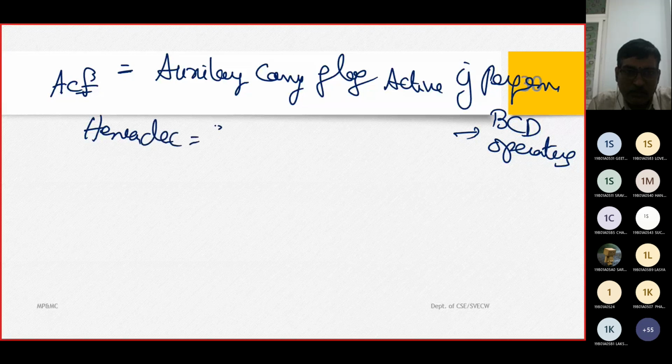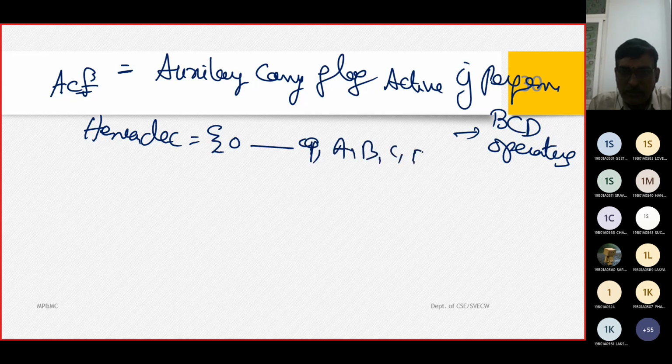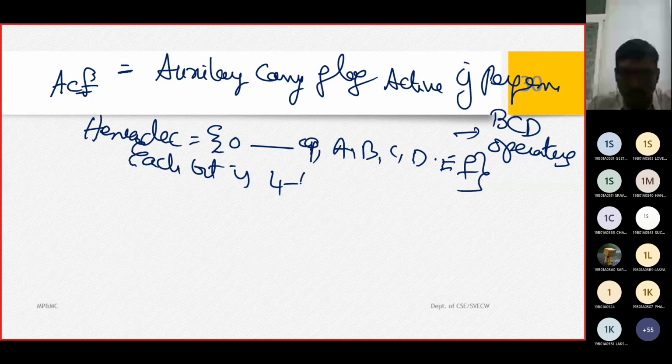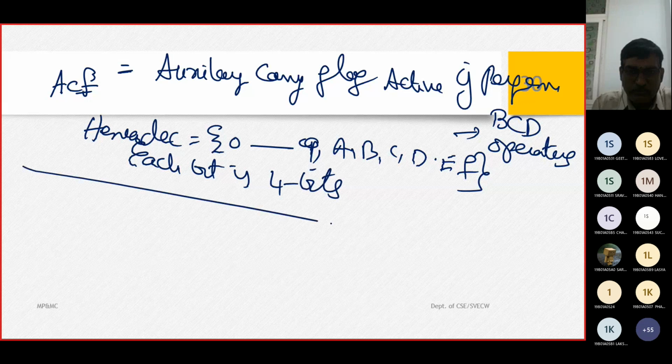Hexadecimal, we say it is 0 to 9, then we have A, B, C, D, E and F, and each digit is 4 bits of size.